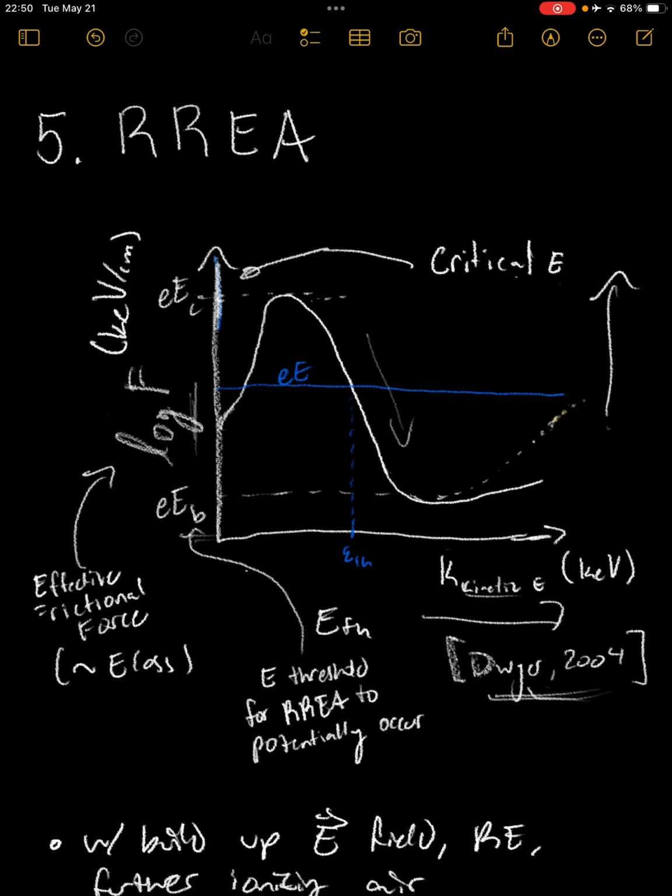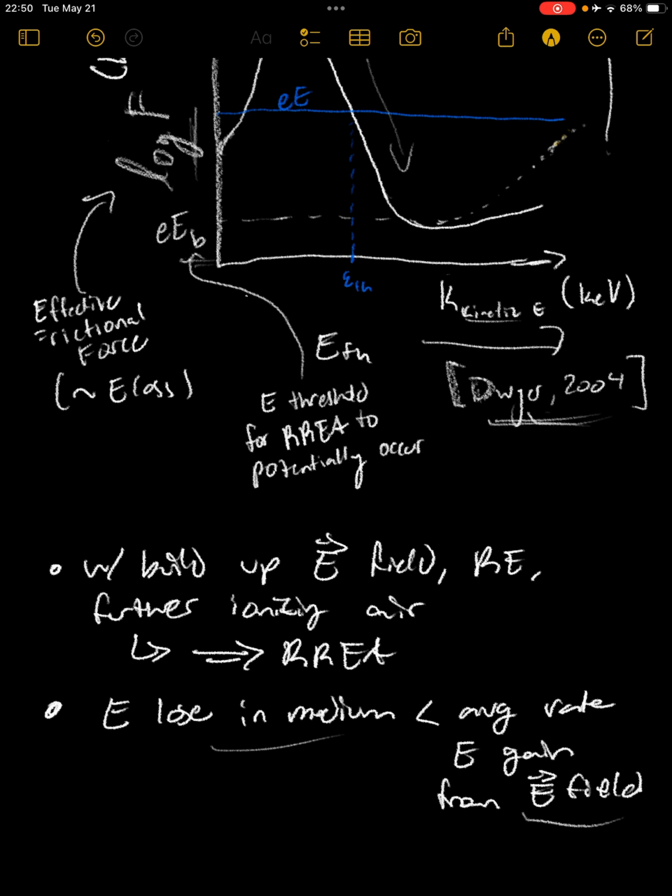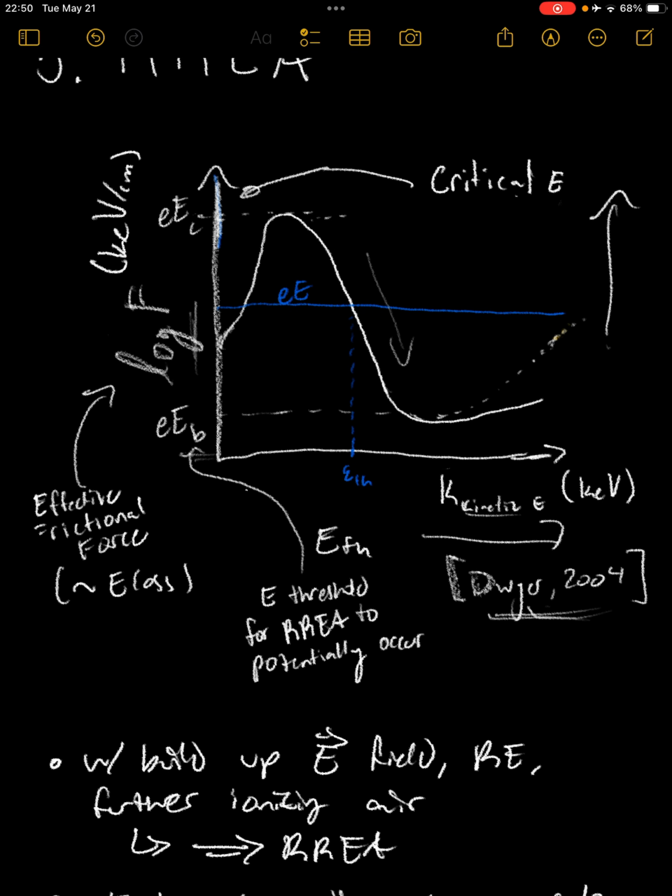As the kinetic energy increases and reaches that critical energy level, it significantly reduces the frictional forces as the electric field is increasing. And the energy loss within the medium has to be less than the average rate of gain from the E field. So this leads to that chain reaction.